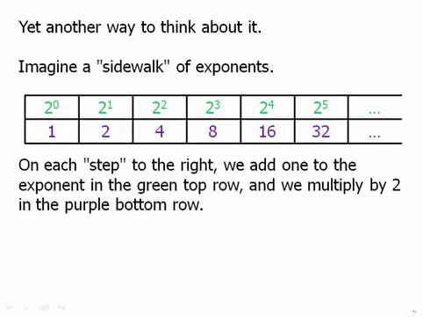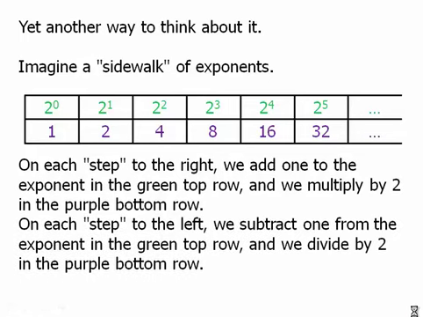As we move to the right, what's happening is we add 1 to the exponent. So the exponent is increasing in the green row at the top, and we multiply by a factor of 2 in the bottom row. So to go from 1 to 2 to 4 to 8 to 16, each step we're multiplying by 2. That's what happens when we move to the right.